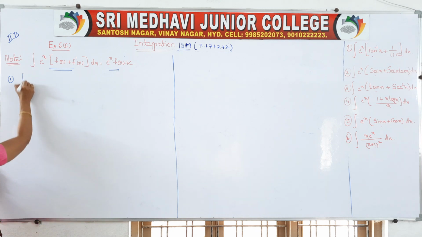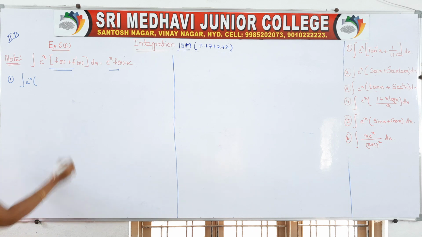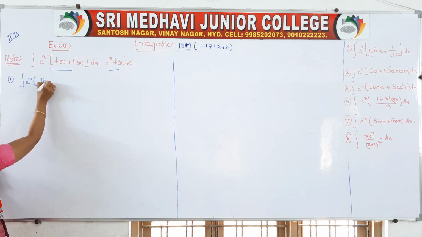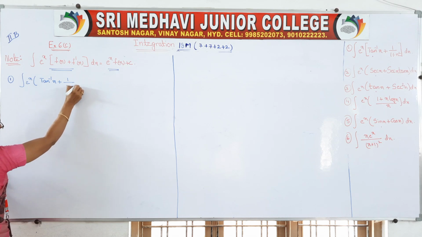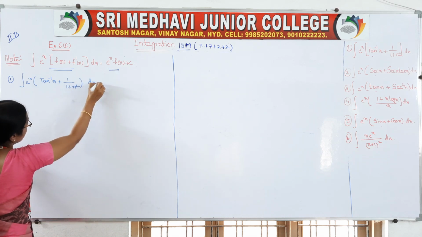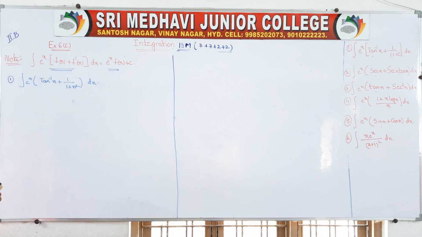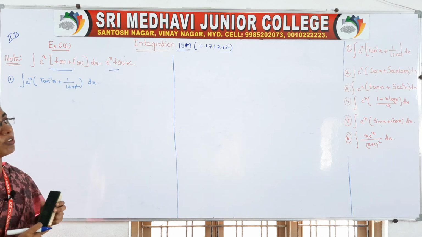Integral e to the power of x into tan inverse x plus 1 by 1 plus x square dx. Now I said which formula we have to use for these problems.